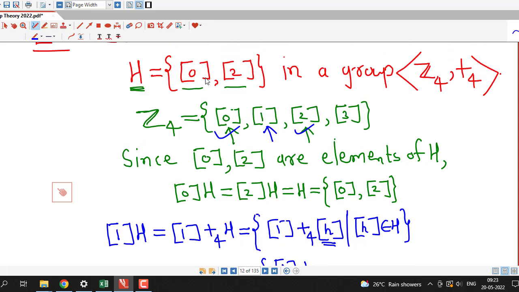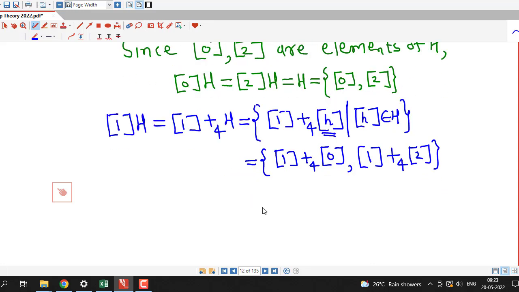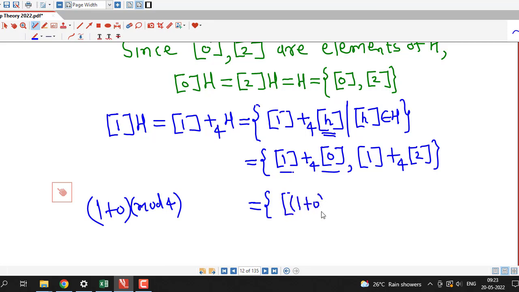There are two members, 0 and 2. So first I write the equivalence class generated by 0, comma, then the equivalence class generated by 2. Now using the operation addition modulo 4, this is going to be 1 plus 0 modulo 4.